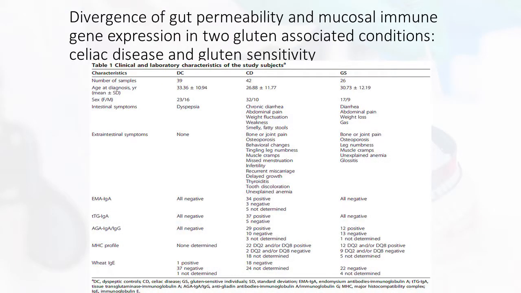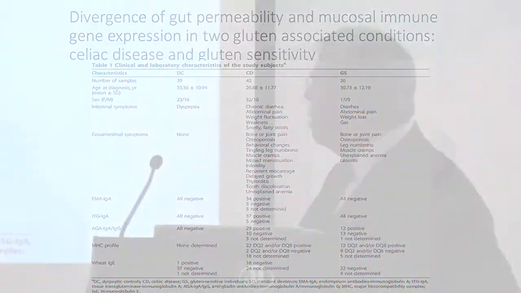And out of the whole group of celiac patients, of which 18 were assayed, none of them had elevated allergen-specific IgE antibodies to wheat. That's not an allergy. None of the gluten sensitivity folks had it, and one of the controls actually had a positive.